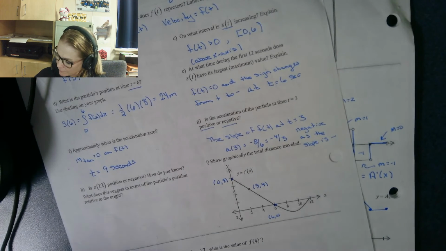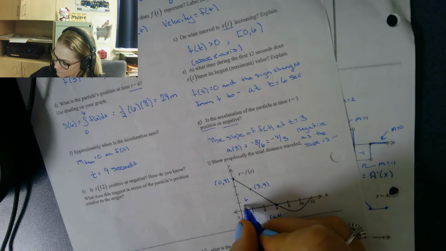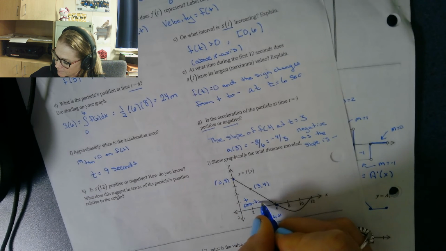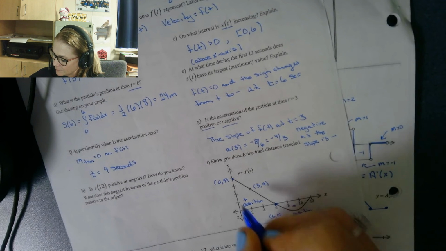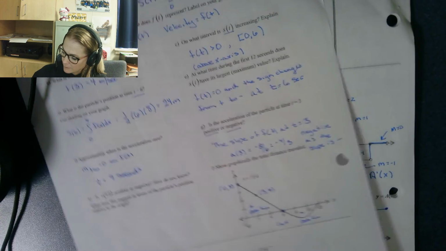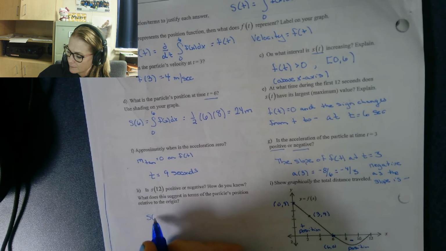Okay, so this is positive position, positive displacement. We're going one direction, and then this is negative position, negative displacement. So this is a bigger number. All right, so S of 12 is positive.